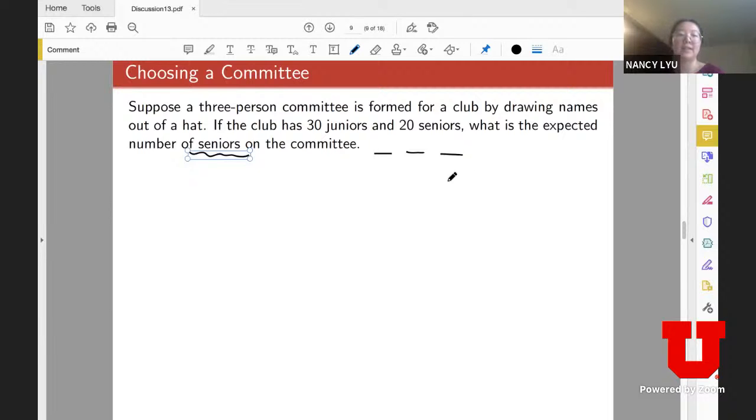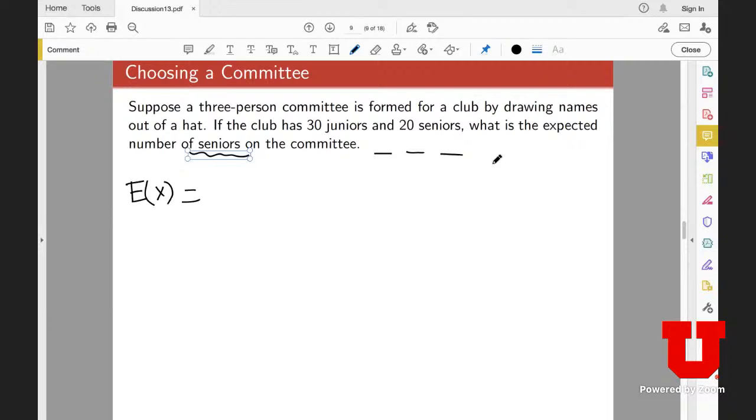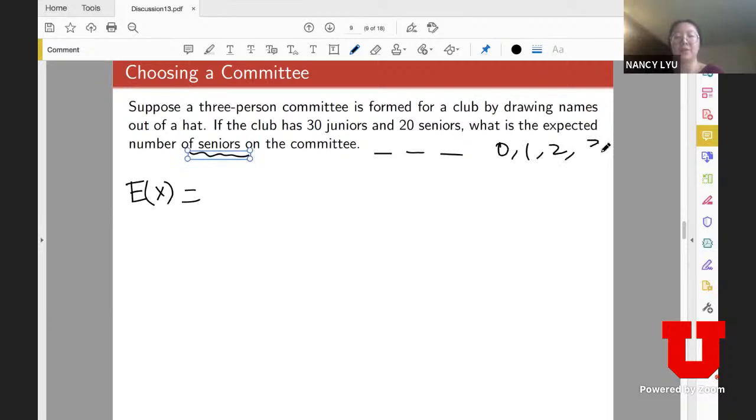So let's write out the expected count. What are the possible numbers of seniors in the committee? 0, 1, 2, or 3. But 0 doesn't count in the expected value. Just let X represent the number of seniors on the committee.